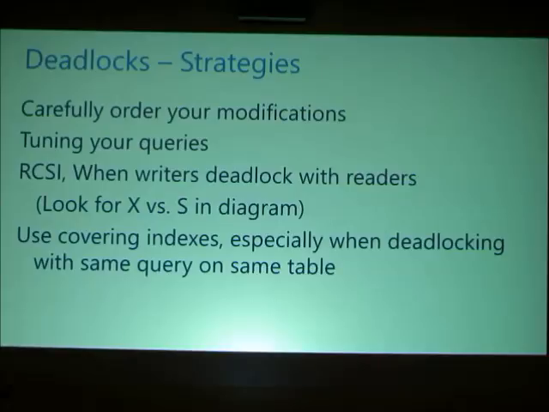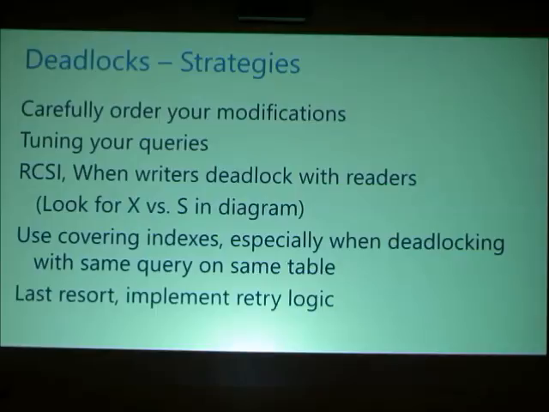We call it covering because an index satisfies the query that you need without having to use the table data. Last resort, implement retry logic, and I talked about that.